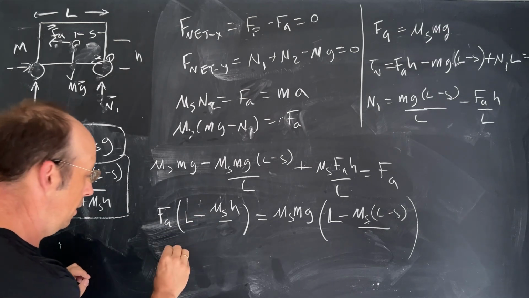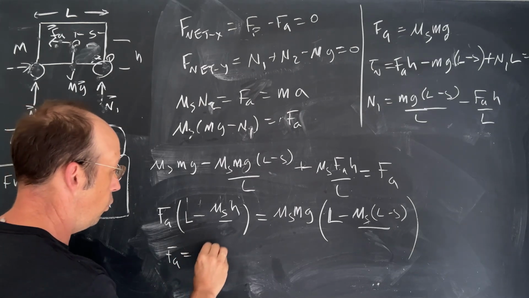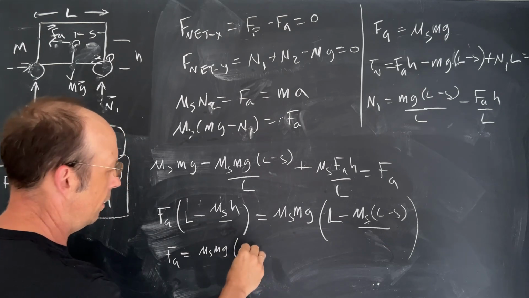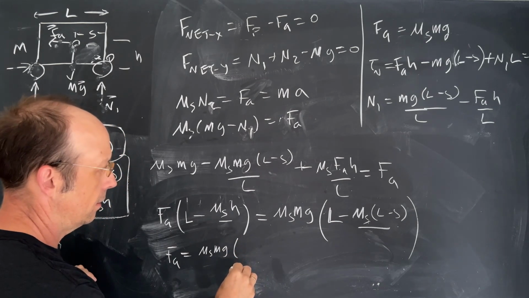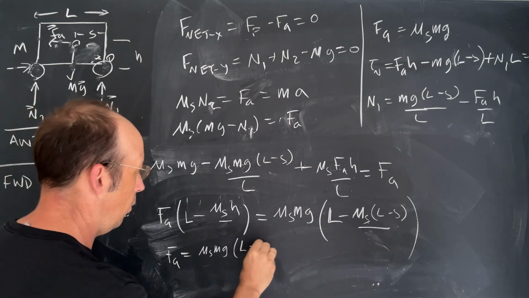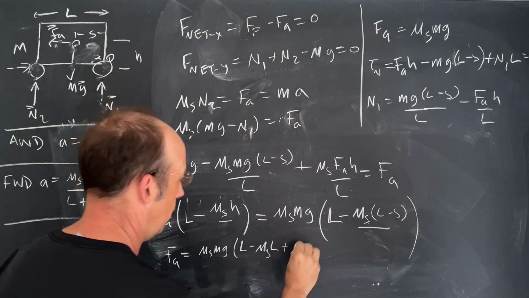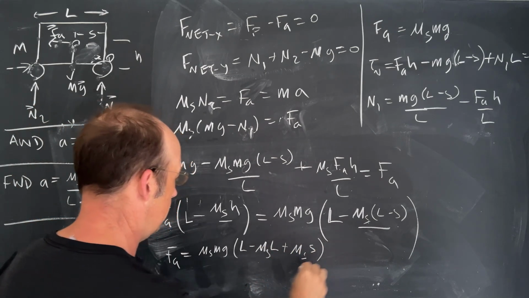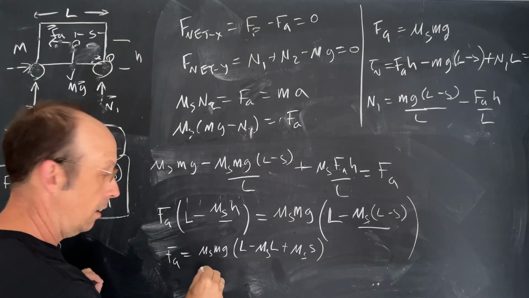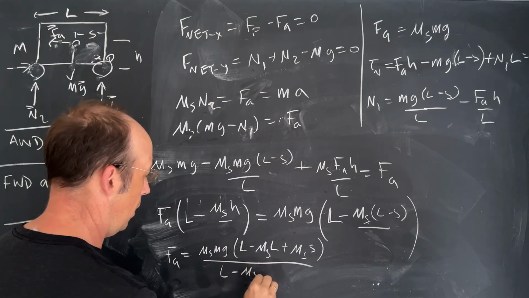And I get FA equals mu s mg, and then let's just write this as L minus mu s L plus mu s S. I think I got that wrong in my other problem. That's fine. And then all of that divided by L minus mu s H.